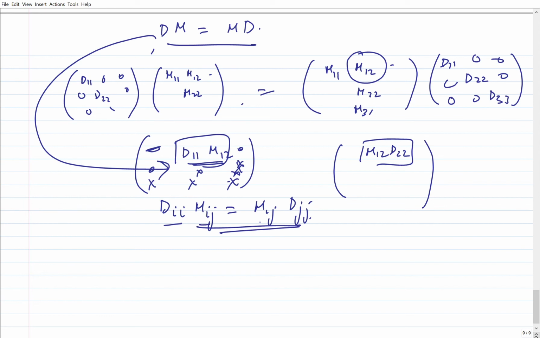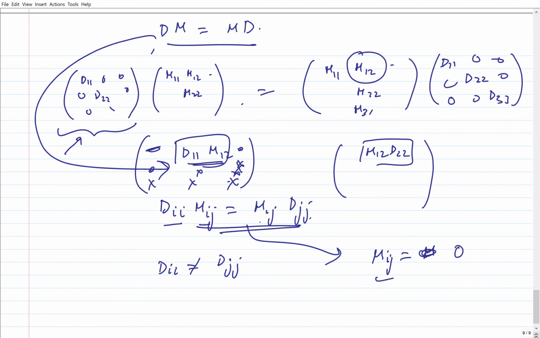Now if the eigenvalues of one of the matrices which was diagonalized are distinct, so I have d_ii not equal to d_jj, then the only way this can be true is m_ij equals 0.